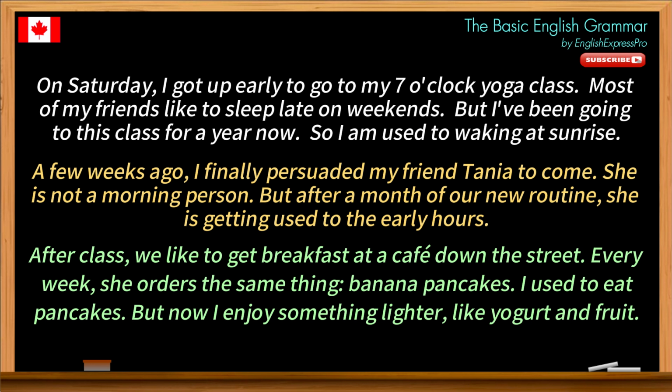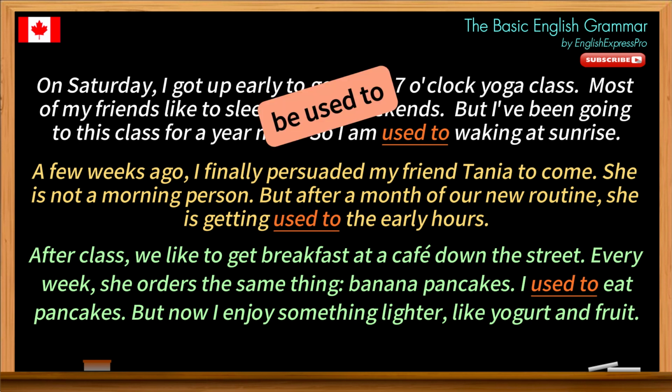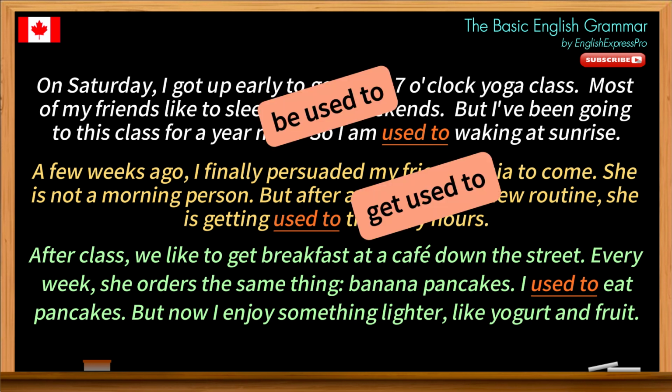I hope you heard me say "used to" 3 times as I told my story. But each phrase looks and sounds a little different. These were the phrases from the story: be used to, get used to, and used to. The phrase used to is unrelated to the other 2 phrases.